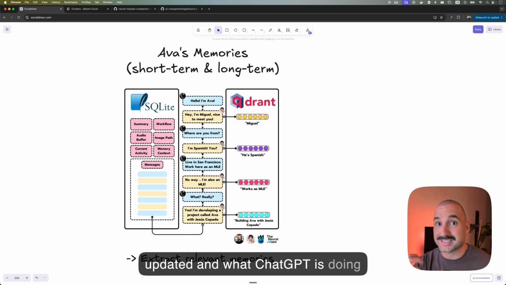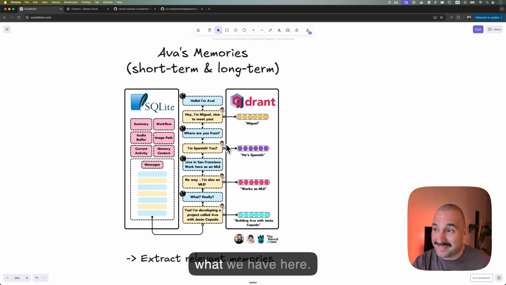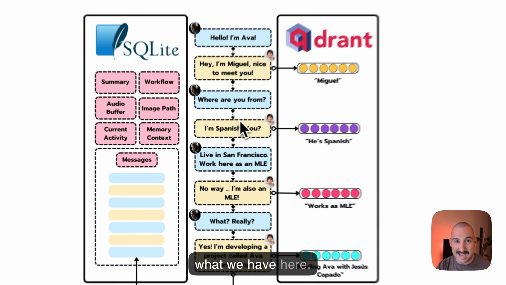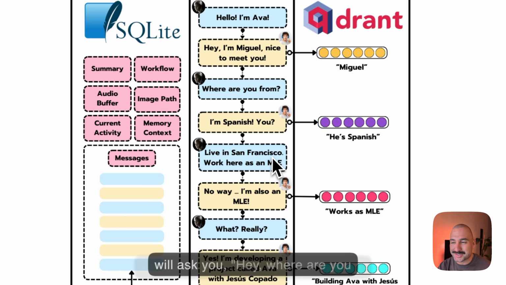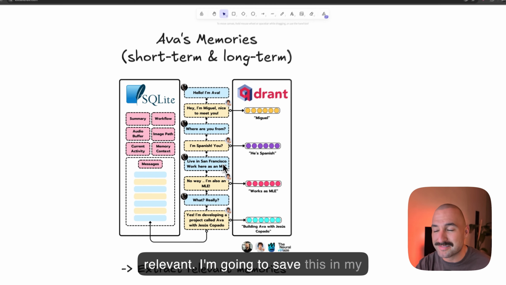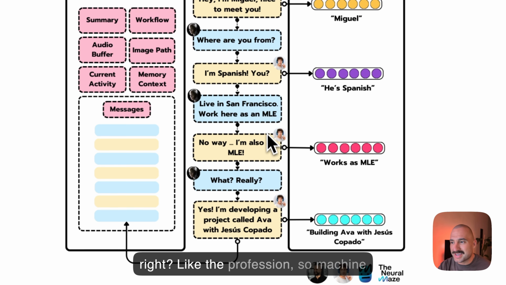What ChatGPT is doing is more or less what we are seeing here. Ava will have a normal conversation with you, and maybe she will ask, hey, where are you from? And Miguel will say, I'm Spanish. This means that Ava will understand, okay, Spanish, this is relevant, I'm going to save this in my long-term memory. Same thing with the profession, machine learning engineer.